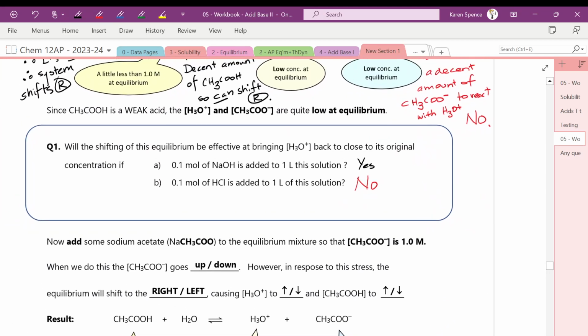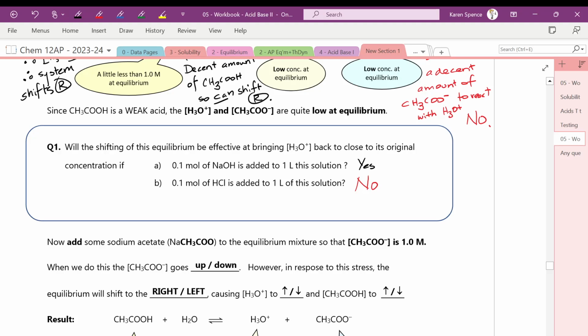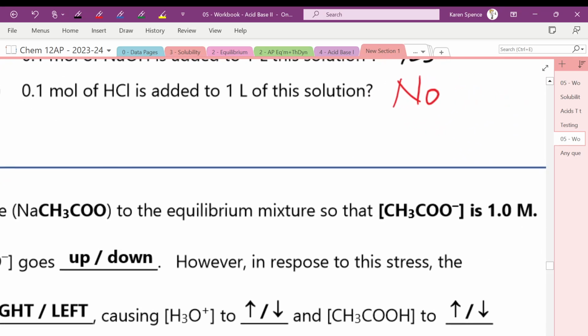So now what we're going to do, to solve this problem, is add some sodium acetate. Why are we adding sodium acetate? Because what did we run out of? Acetate.